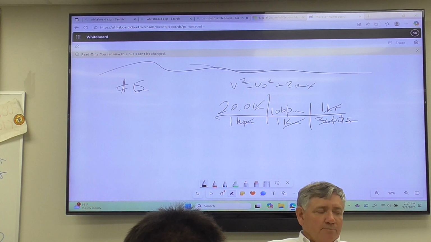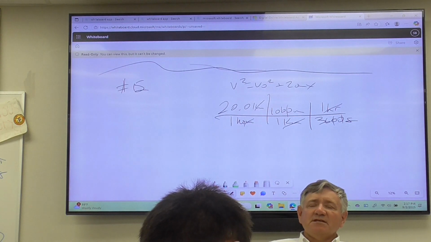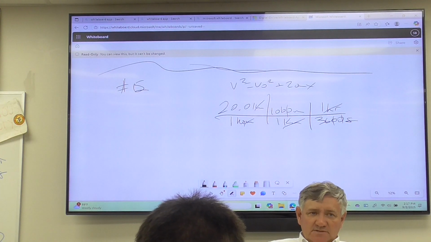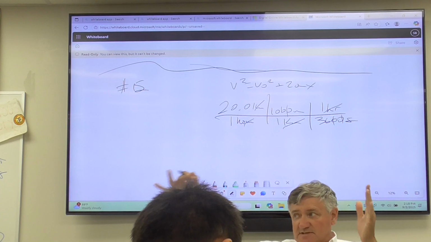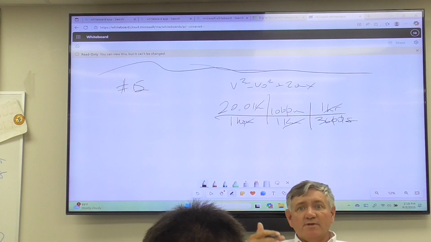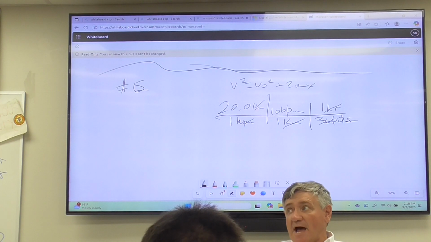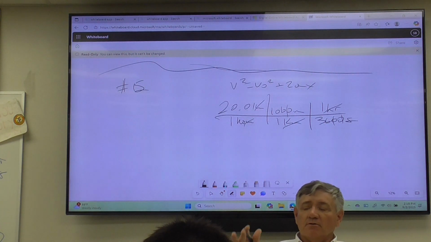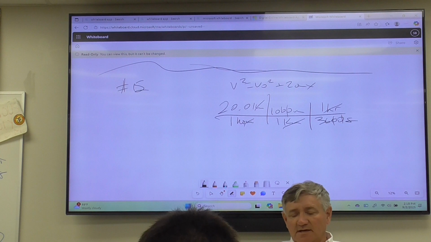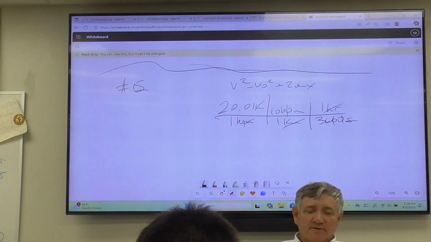When you have the 20.0, how many significant digits are there in 20.0? 3, because you count the 2 and you count over to the right. So when you do this conversion, you have to keep at least 3 digits when you convert that into meters per second. Somebody take 20 times 10, otherwise known as 200, and divide it by 36.